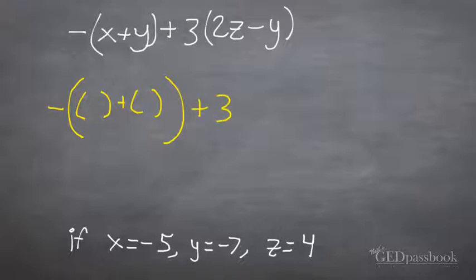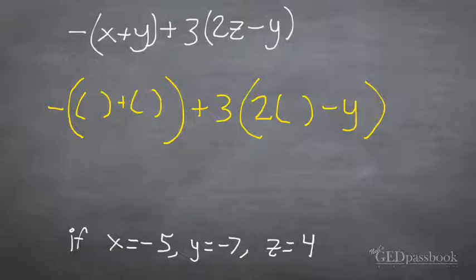Plus 3 parentheses 2. You guys did know that was a 2, right? Looking back at it, it kind of looks like it would be a z, but the next one is a z, obviously. There's a z right there, so I put parentheses around it. Minus y, put parentheses.